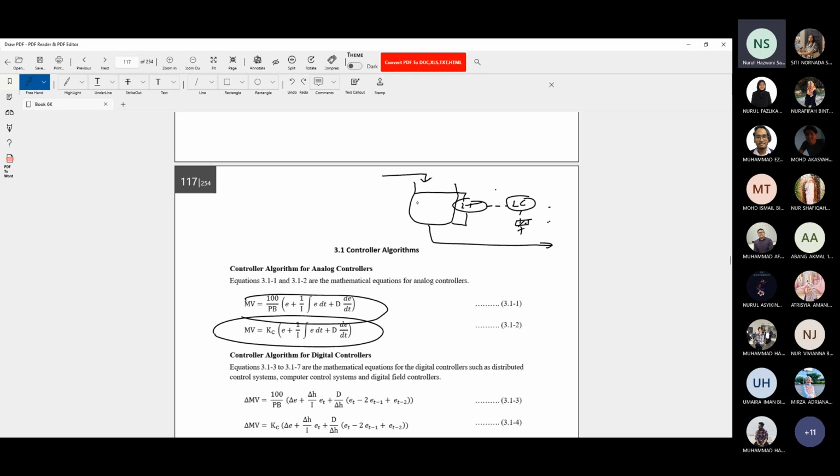Lastly, we will connect with the valve. The signal the valve can receive is a pneumatic signal.